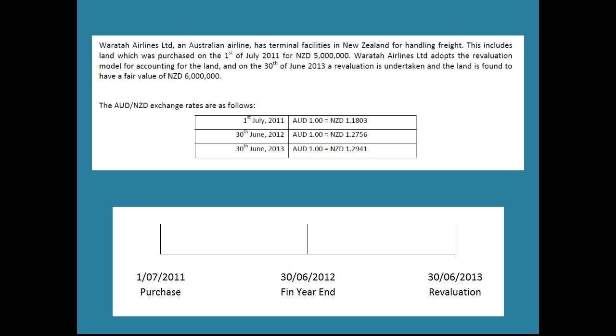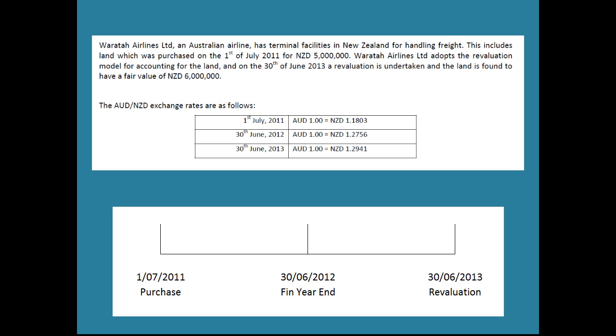So if we look at the purchase, New Zealand dollar, 1 Aussie buys 1.18, 1 Aussie buys 1.27, 1 Aussie buys 1.29. So in each case, the Aussie dollar is getting stronger because it's buying more of the New Zealand dollars. So when we come down to the first year, this bit is a typo that should actually be divided by because of the direction it is.